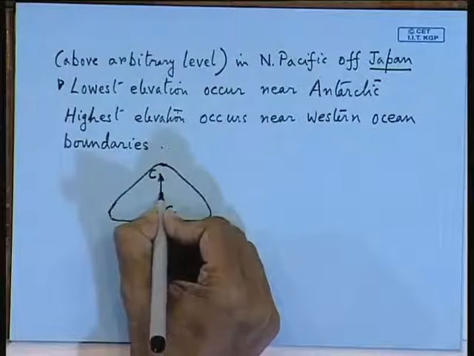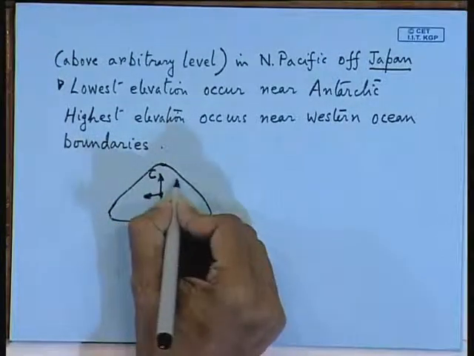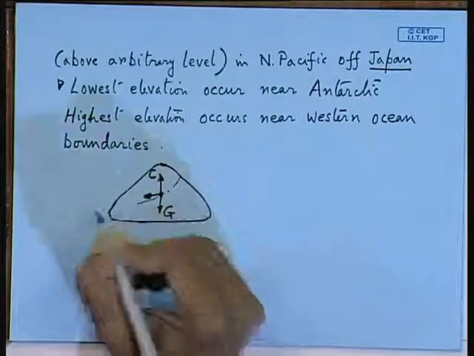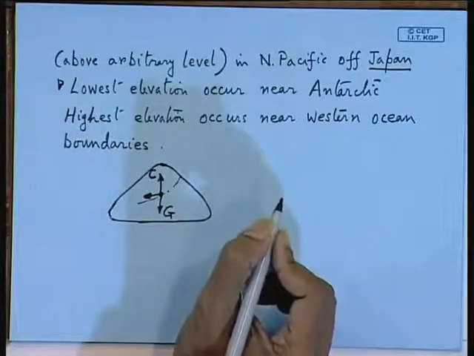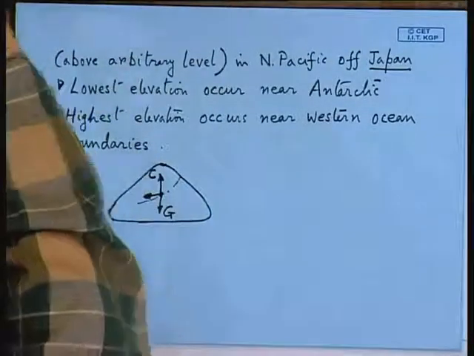And if you take the resultant, you will get a direction like this. So the path of the particle will be somewhat in this manner. So that is your geostrophic current.